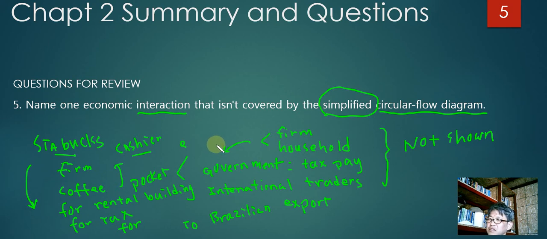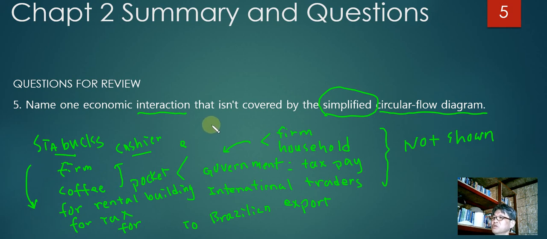But in the simplified circular flow diagram, we do not include them. We just want to see the simple relations and detect a basic concept of how the economy works between firm and household. That's it.